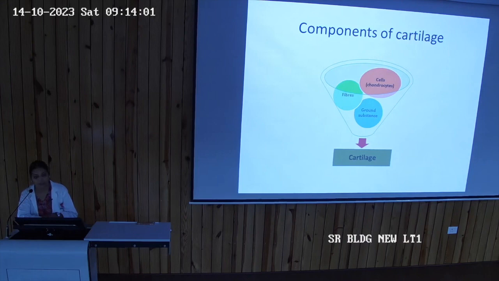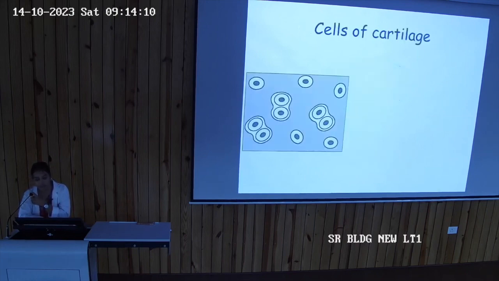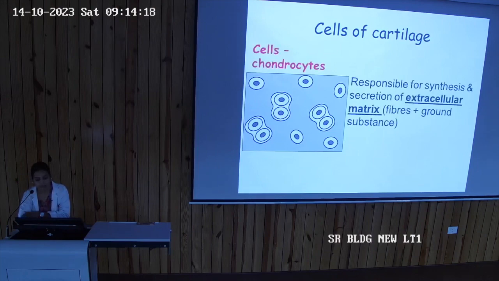So what are the components of cartilage? Cells, which are known as chondrocytes, fibers and ground substance. Together, what will they form? Cartilage. So the cells of cartilage are present in these spaces which are known as lacuna or lacunae. They are responsible for synthesis and secretion of extracellular matrix.